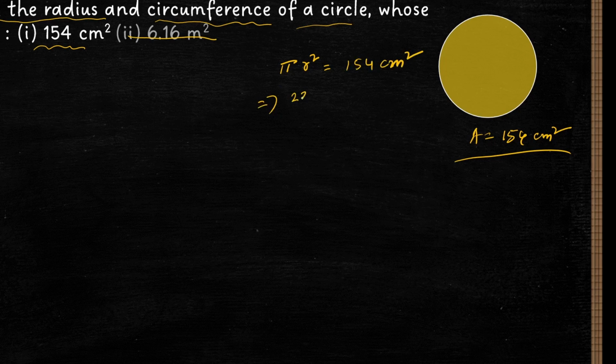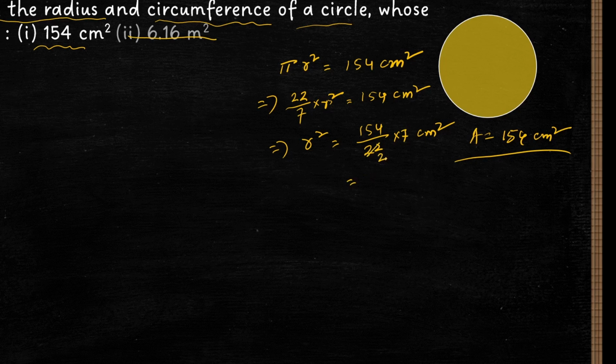So 22 divided by 7 into r square is equal to 154 centimeter square. So r square is equal to 154 divided by 22 multiplied by 7 centimeter square.